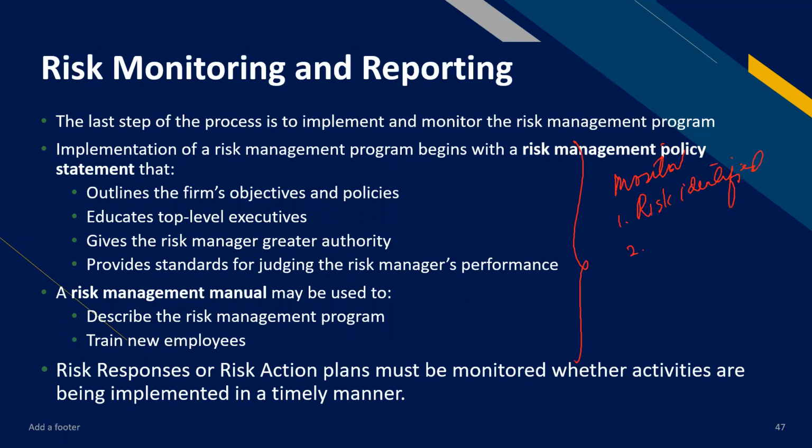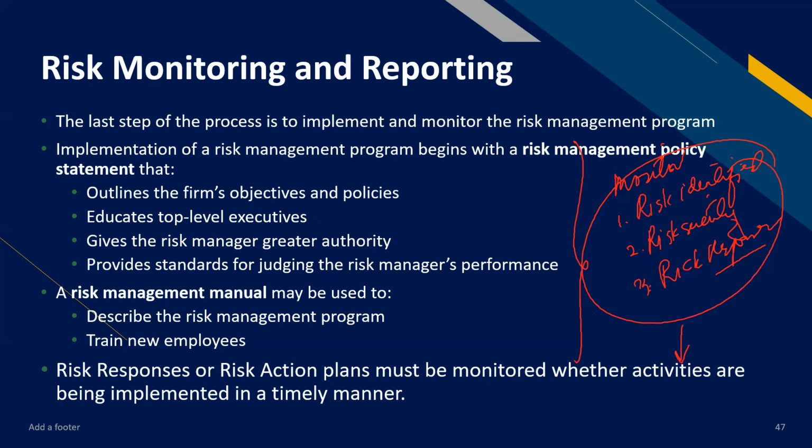You also want to monitor the risk severity, whether they are still the same as how you imagine them initially. You also want to monitor the risk responses, whether they are being implemented or not. And those monitoring, of course, provide input to the next ERM process.